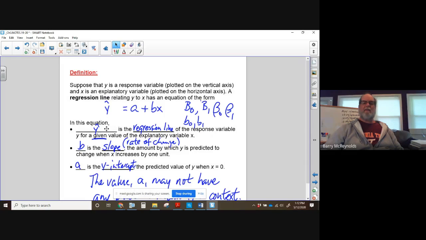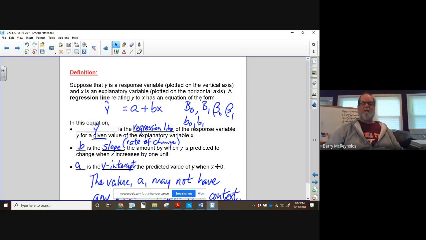Y hat is the value for the response variable on the regression line for a particular x value, again, just like a linear relationship. We're going to call b the slope or the rate of change that y is predicted to change with a unit increase in x. And a is going to be the y-intercept. It's the value predicted when x is equal to 0.